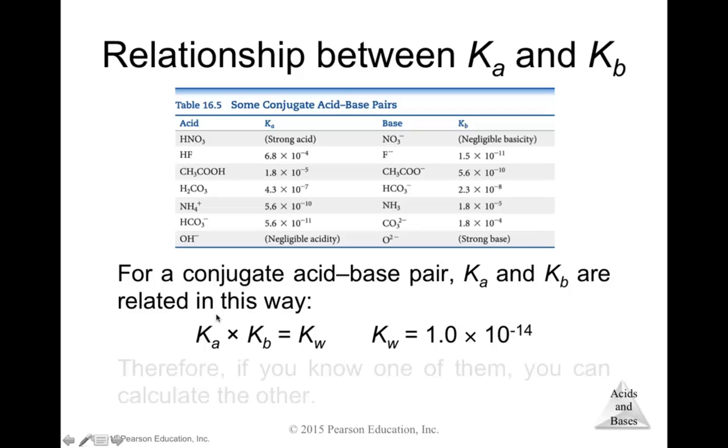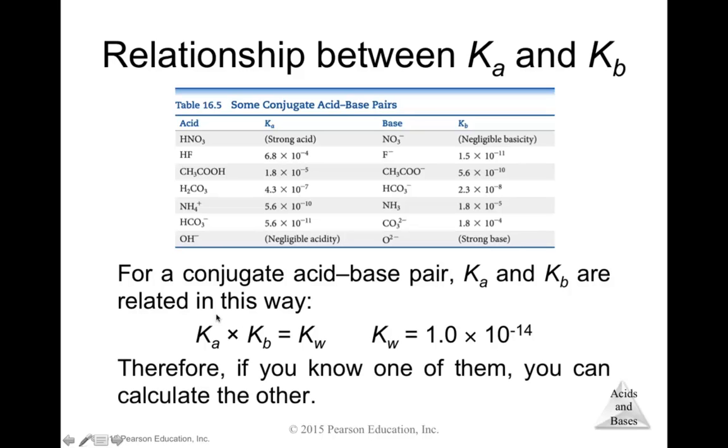So Kw divided by Ka is equal to Kb, or Kw divided by Kb is equal to Ka. So you can rearrange this equation to obtain Ka or Kb by dividing Kw.